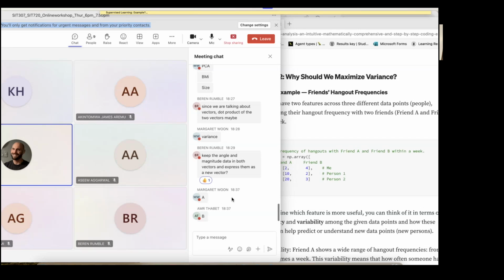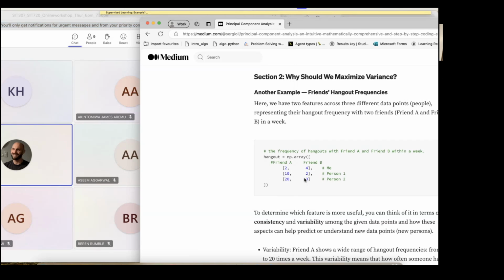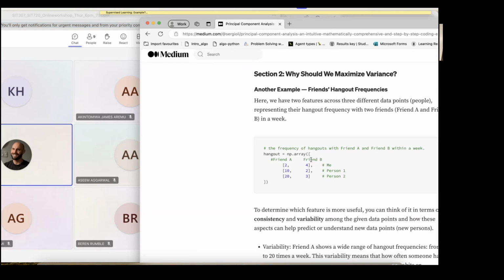I guess you'd probably want to hang out with friend B because you hang out with them twice as much as friend A. What do you mean? Can you clarify? Yeah, in the top line there, where you've got friend A and friend B, you've got a value of 4 for friend B and a value of 2 for friend A. So it seems like you're hanging out with friend B more.